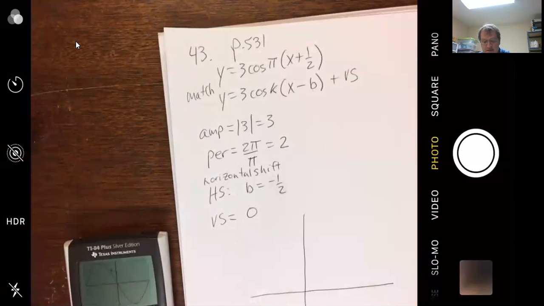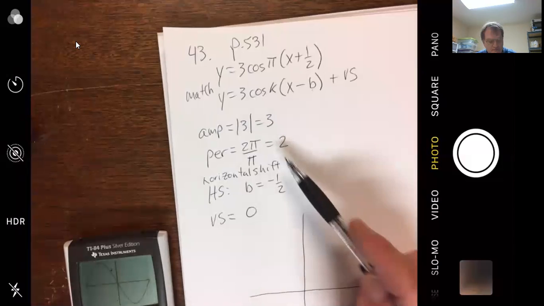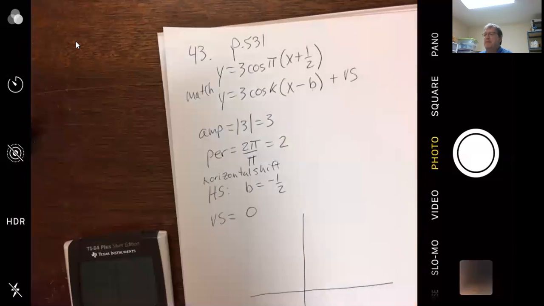To avoid a little freak out, if I want to match the book, I guess I'll use the window in the book. Okay. Amplitude is 3, period is 2, phase shift is negative a half.